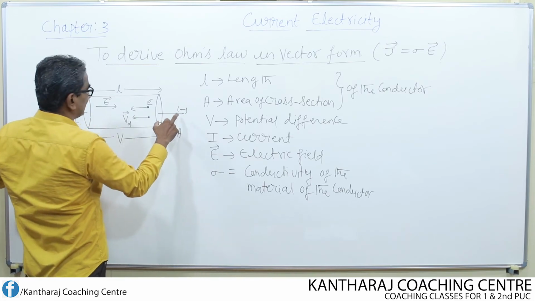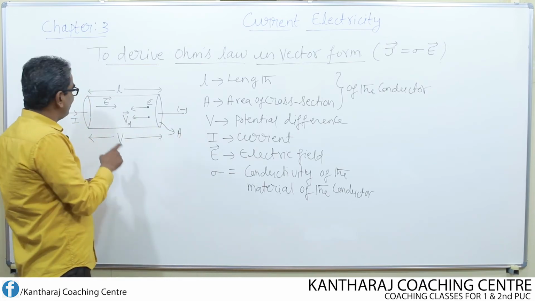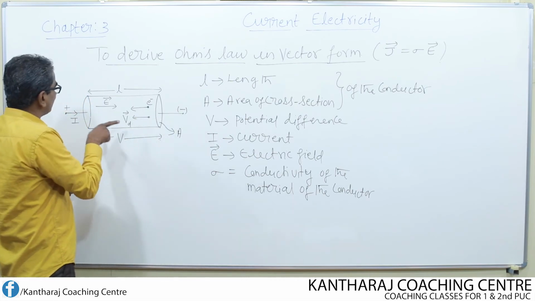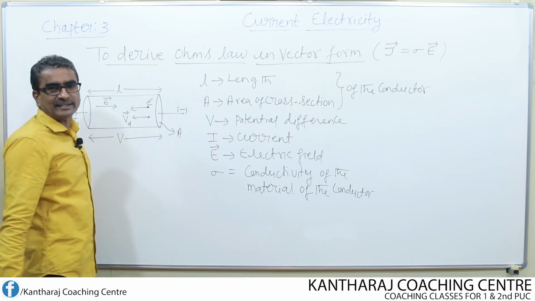By connecting the two ends to a cell or a battery, we can maintain the potential difference continuously. As a result, current flows continuously through the conductor.